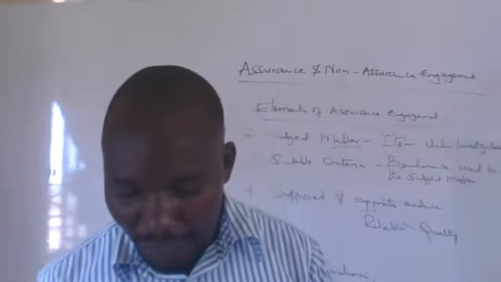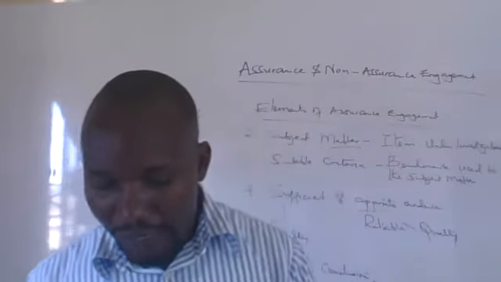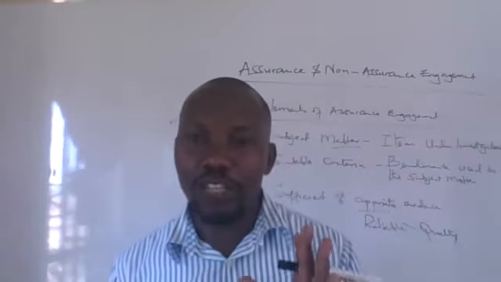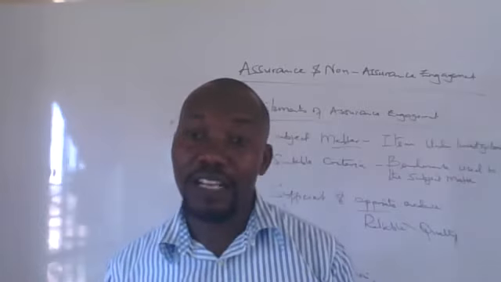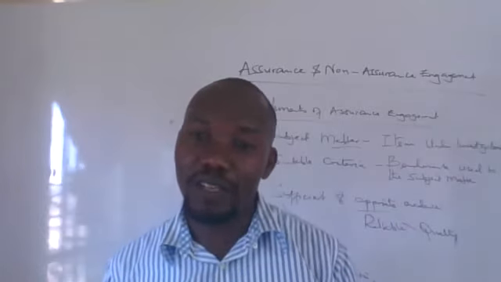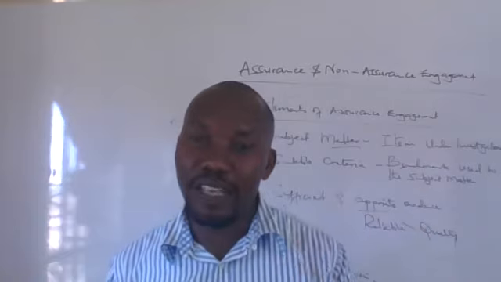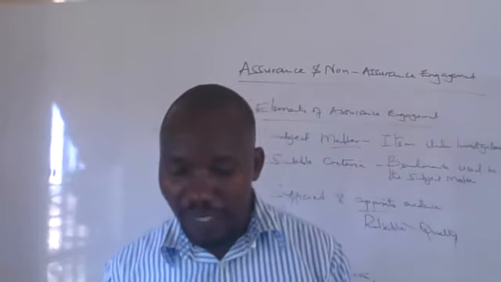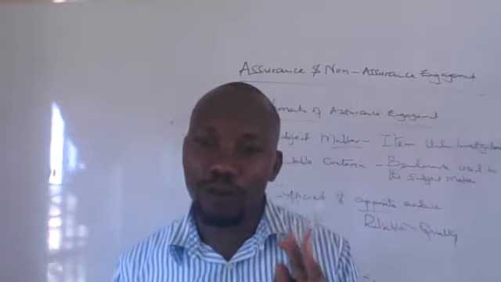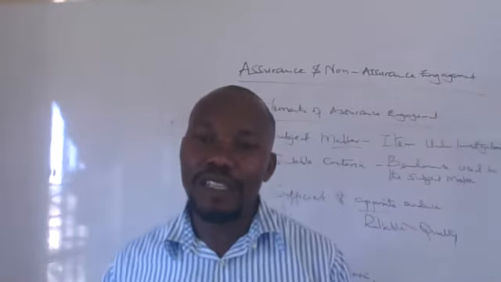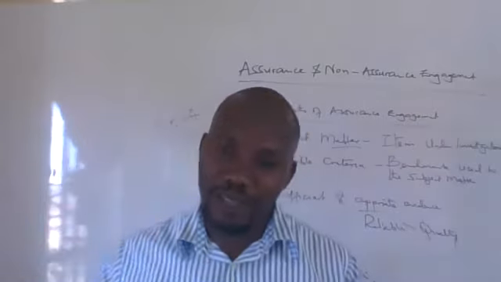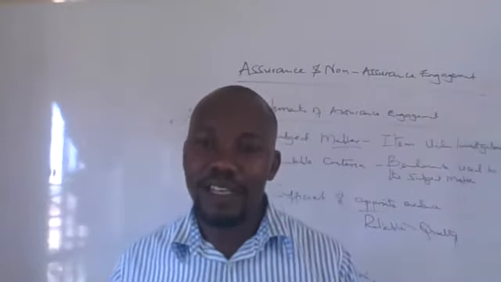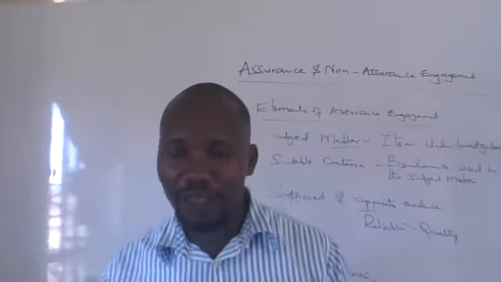We say that an assurance engagement is an assignment in which a practitioner expresses a conclusion. It is an engagement where the practitioner expresses a conclusion designed to enhance the degree of confidence. That conclusion is designed to increase the level of confidence of the users of the report.